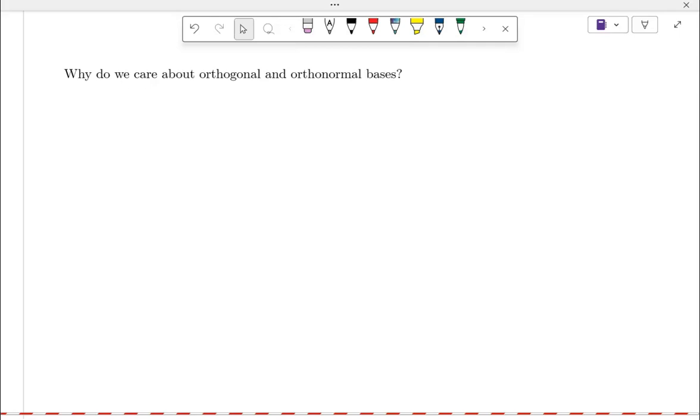So let's suppose that we start with S as an orthogonal basis, and let me give it some names: V1, V2, out to Vn.